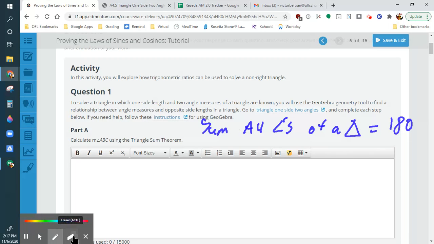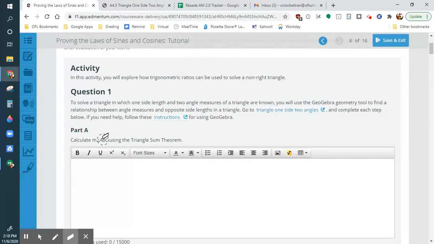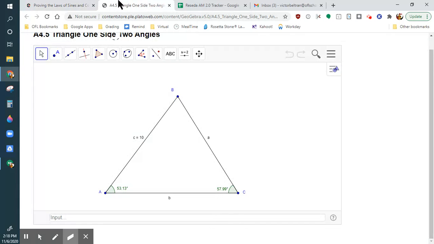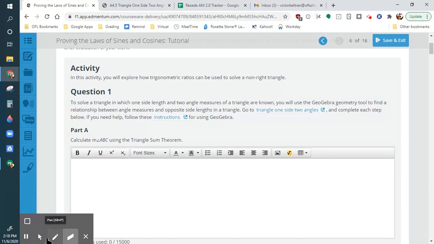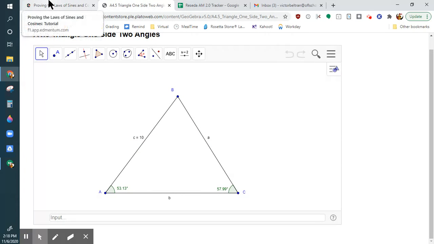So if we're trying to find angle B, we have this theorem that we've been using, which is essentially angle A plus angle B plus angle C equals 180 degrees. That's our theorem.